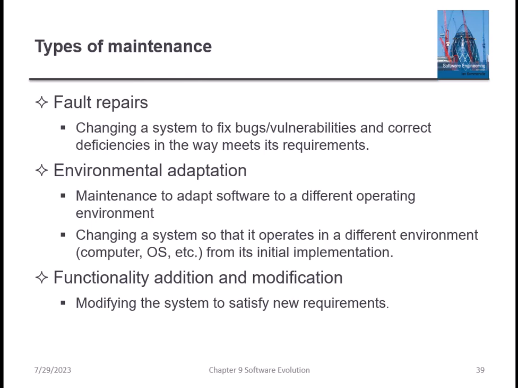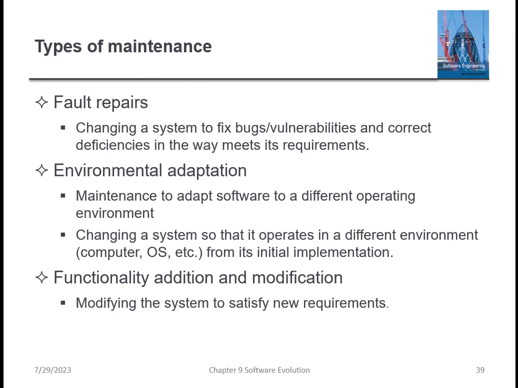The existing software can create problems and not run efficiently. So we do a maintenance, we do some modification, changing the system so that it operates in a different environment. And in environment we talk not only about the operating systems but also about the system hardware, network infrastructure, etc.